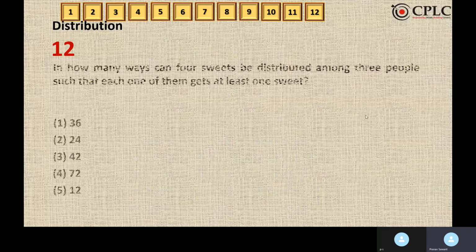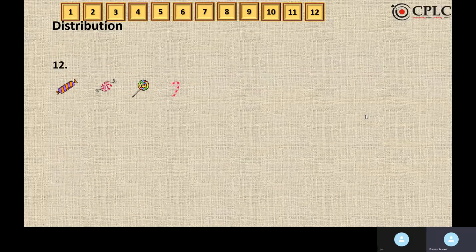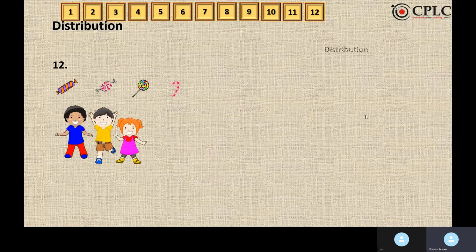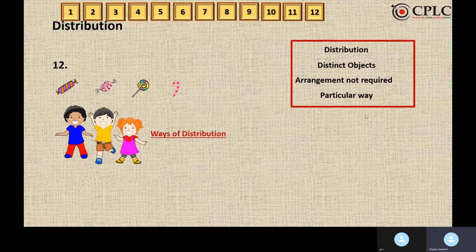Moving to the next question. In how many ways can 4 sweets be distributed among 3 people such that each one of them gets at least 1 sweet? This is distribution of distinct objects, arrangement not required, particular way. So the ways of distribution would be 2, 1, 1; 1, 2, 1; and 1, 1, 2. This is 3 ways.